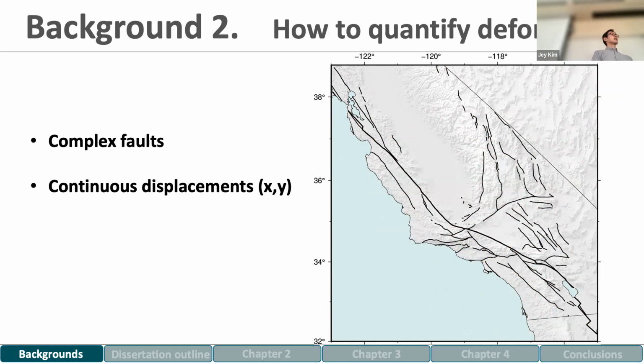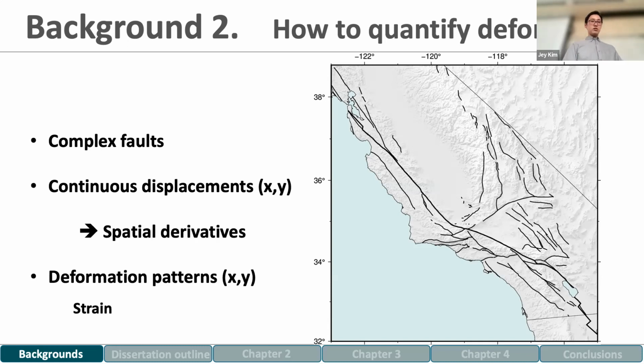One way to quantify deformation for a complex system is to obtain continuous displacements over space. Then you can take spatial derivatives, and that will tell you the spatial variations in deformation.